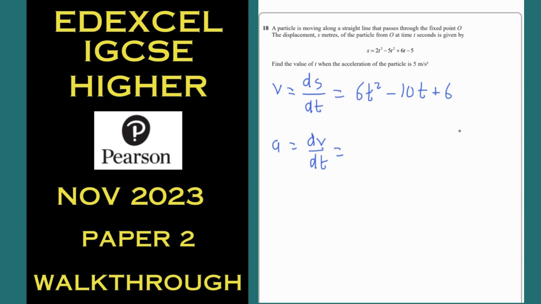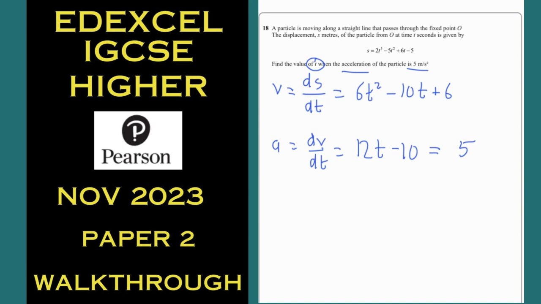So it's differentiate again. Bring the power down, take 1 off the power. Minus 10t becomes minus 10. 6 disappears.